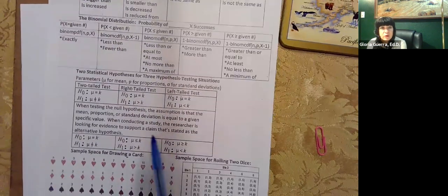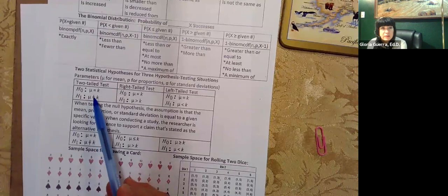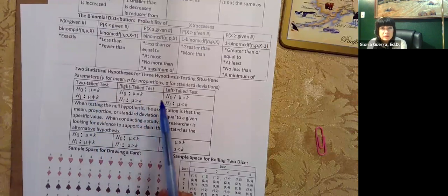So here in this example, these all have mu. These are all means, but they could just as easily have had all rho or all sigma. But we just use means, mu, as examples. But any of these is a parameter, okay? And it says when testing the null hypothesis, the assumption is that the mean, proportion, or standard deviation is equal to a given specific value.